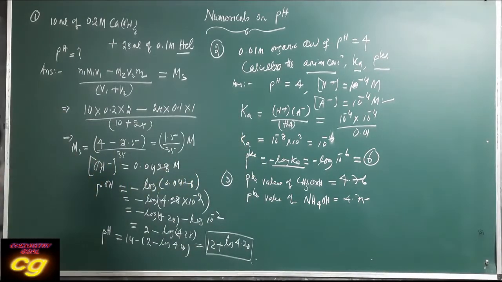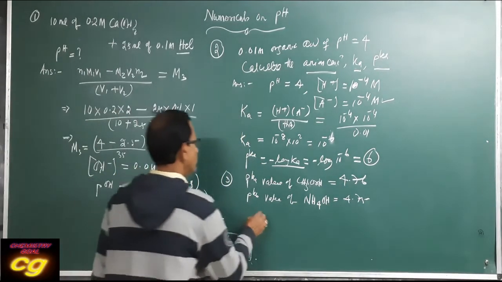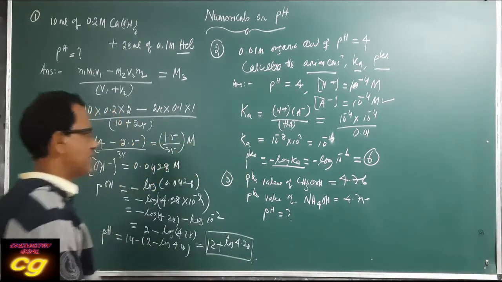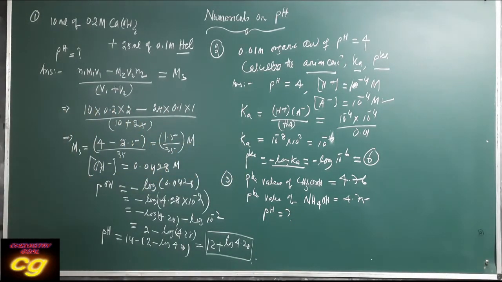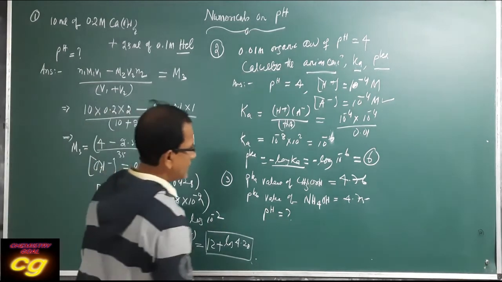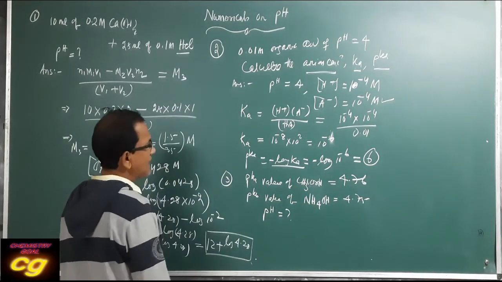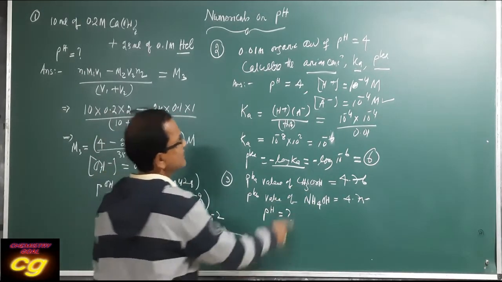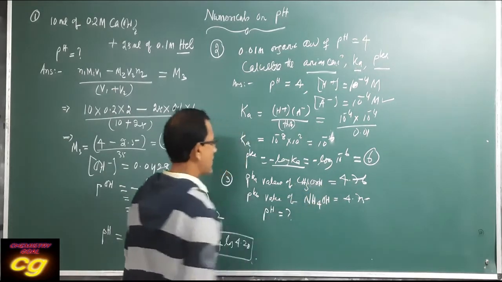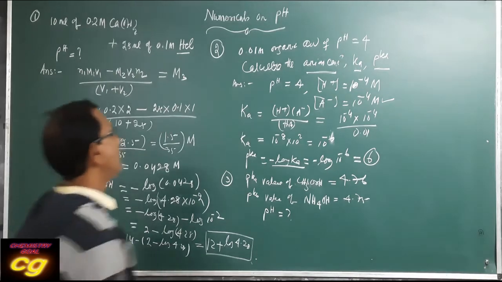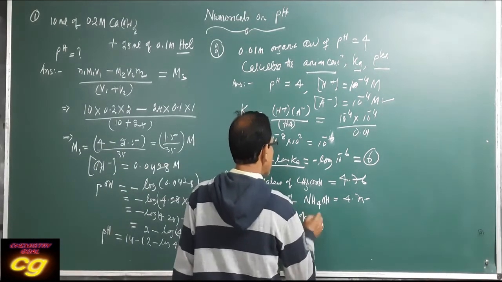The question is, what is the pH value? What will be the pH? Calculate the pH for this. Already we have read that when you have acetic acid and ammonium hydroxide with pKa and pKb given, then the pH value asked is of which one?